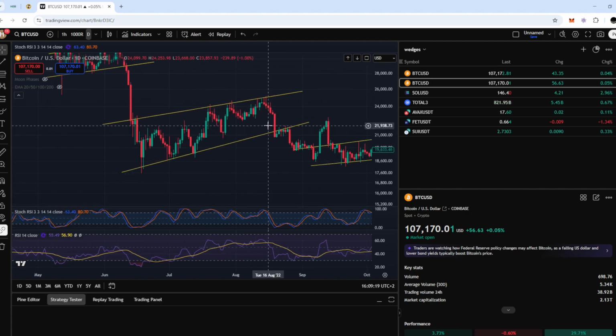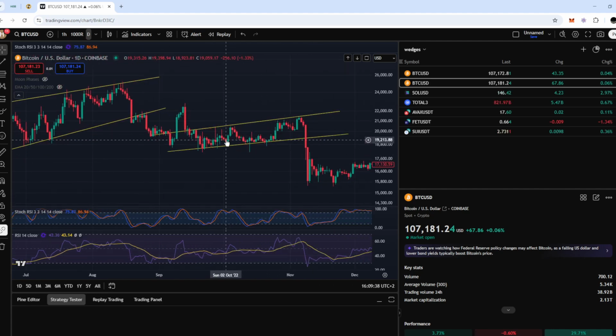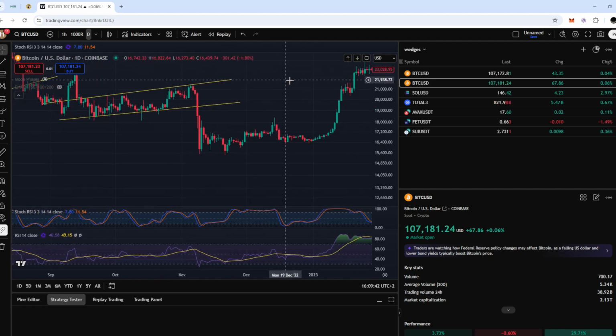We still had this, somewhat of a mix of a bear flag and a rising wedge, but you clearly see it's an upward trend here. It's losing strength, and you get below it, and then we still had some more downwards movement. And you see it here again, same pattern, very clearly.